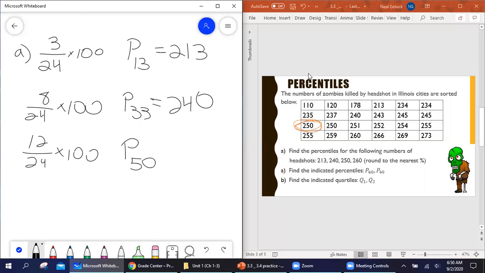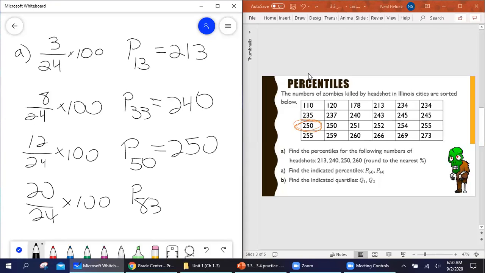So percentile 50 is 250. And for the last one, if you go to 260 and you count how many are below that, it is 6, 12, 18, 19, 20 over 24. And if you round that, you get P83.